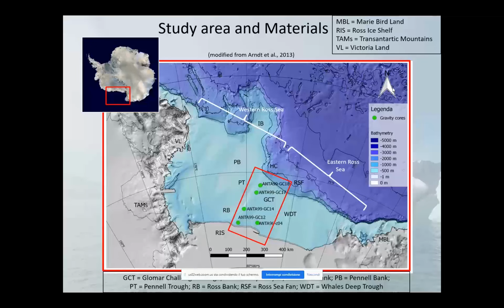This is a bathymetric map of the Ross Sea, and here you can see highlighted by the red rectangle the study area and the location of the 5 gravity cores that have been collected from the inner continental shelf close to the actual Ross Sea shelf to the continental shelf break.